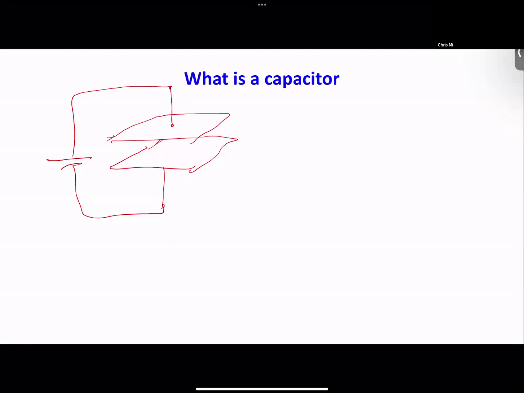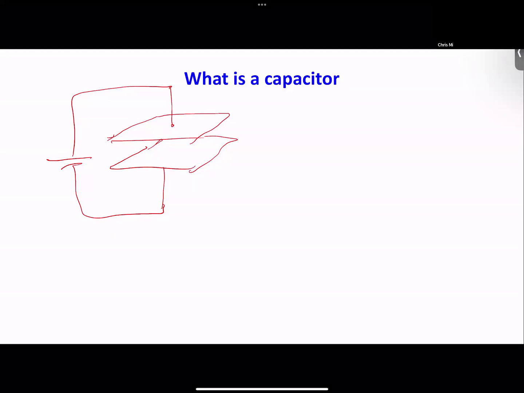It forms positive up, negative down, and creates an electric field in between. Once the voltage across the plates is the same as the supply voltage, current stops flowing. This process is called charging the capacitor, and there's current during charging. But once charging is complete, there's not going to be any current anymore. So this is the capacitor.